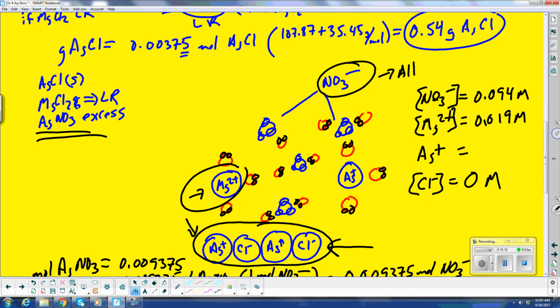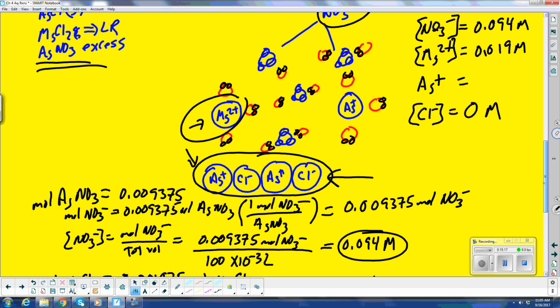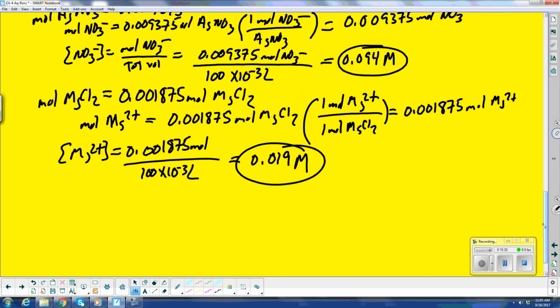Why is my silver more difficult than everything else? Well, because some of my silver ended up in my precipitate and some of my silver ended up as excess. So what do I have to do now? I have to calculate the amount of excess silver nitrate. Okay, and how do I calculate the amount of excess silver nitrate?